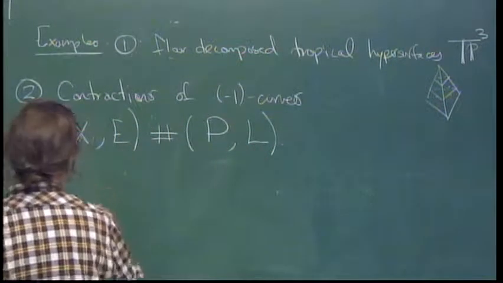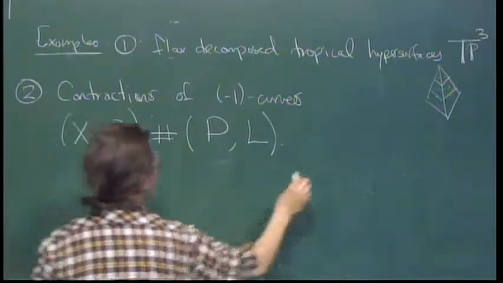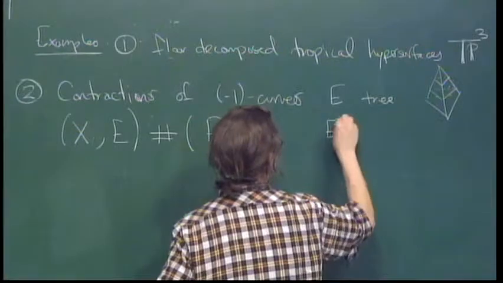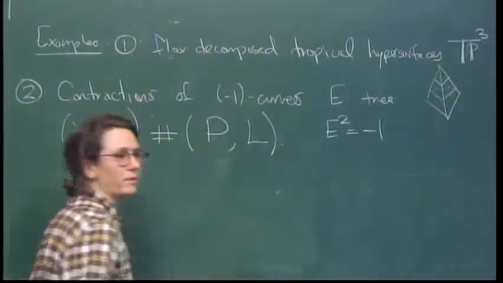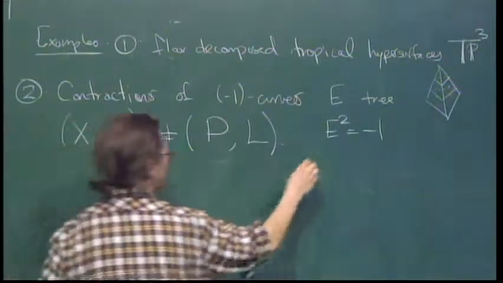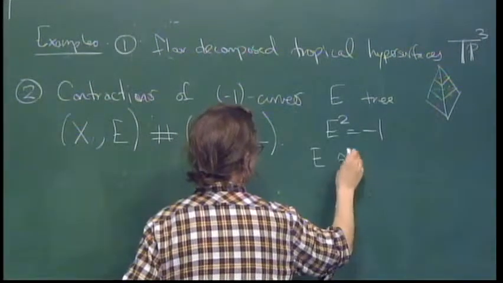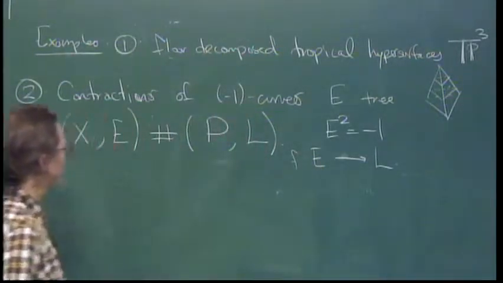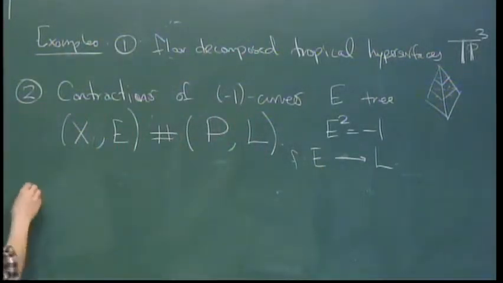So E is a rational curve with self-intersection -1, and L should be the same as E. So I'm not giving many details, but I'm trying to get to the more interesting stuff I wanted to say.